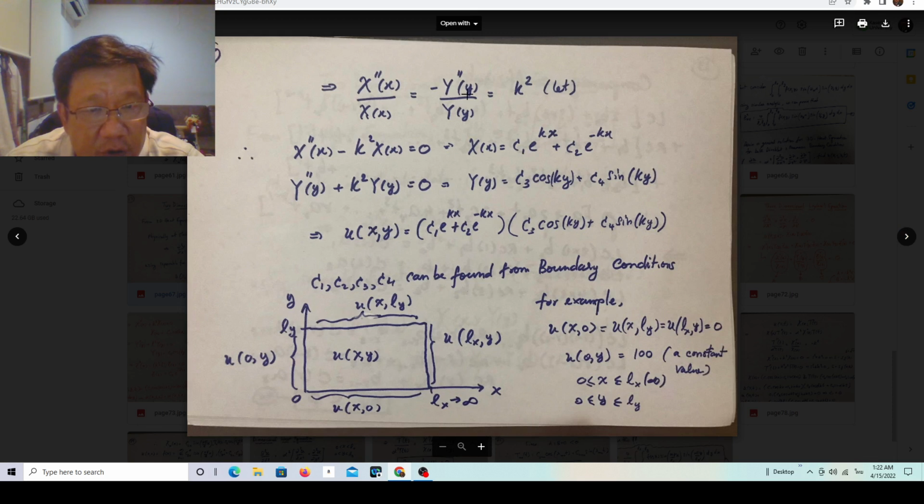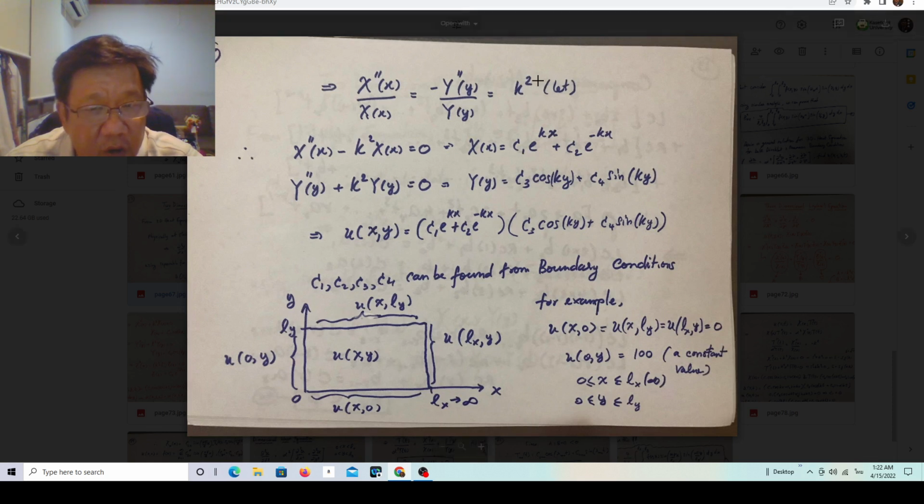Since these two are equal to each other, we're going to assume it as what we call k squared. The k squared is a constant value that can be positive or negative. Remember that k squared doesn't have to be positive all the time.